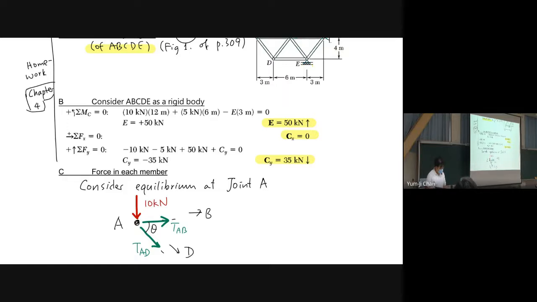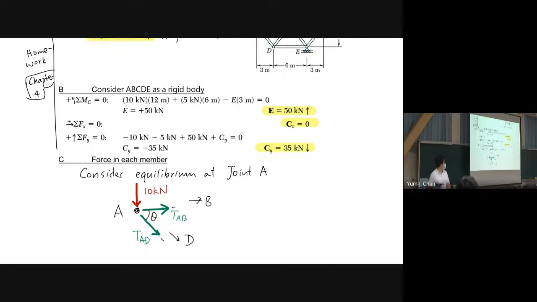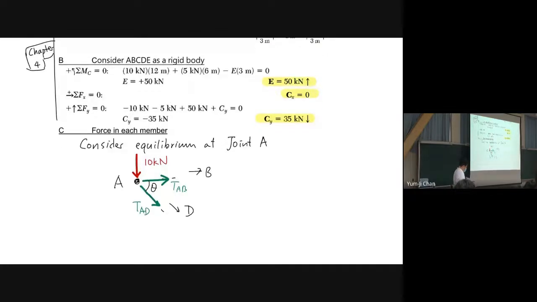Now we consider equilibrium at joint A. Now remember, in joint A we have two members connecting joint A, which are AB and AD.